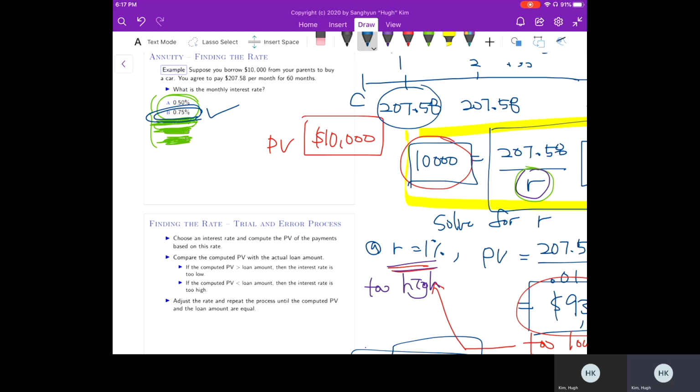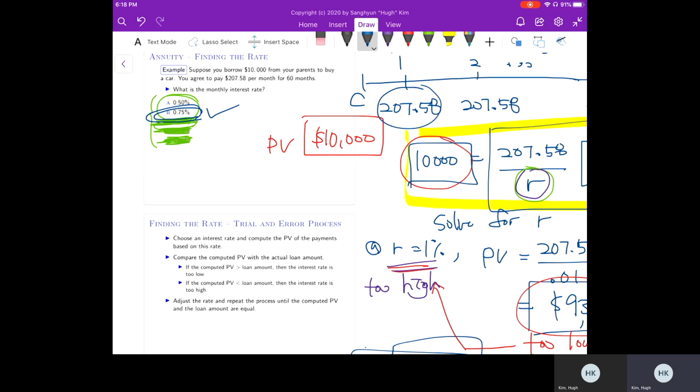Let's summarize this process. To find the interest rate, you have to use a trial and error process. First you choose an interest rate and compute the present value of the payments based on this rate, and compare the computed present value with the actual amount.